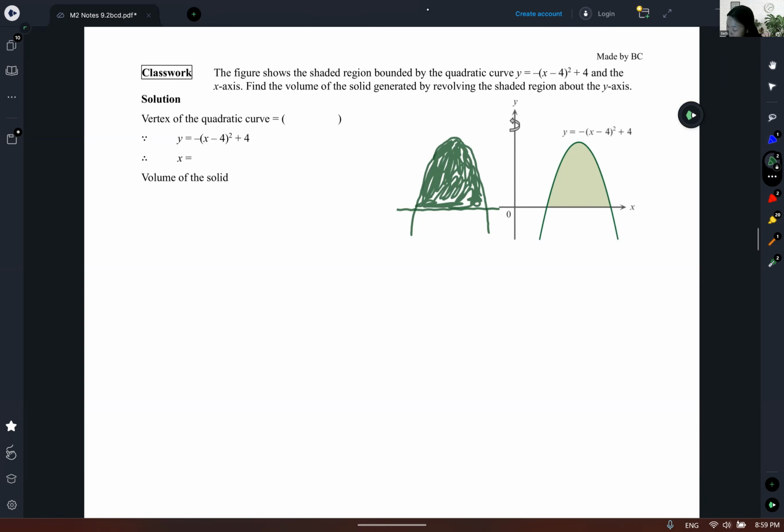For the integration, I must do from the bottom to the top. So the bottom is 0 and the top must be found. So that's why my first step is to find the vertex. The vertex is 4, 4. Therefore, the bottom is 0 and the top is 4.